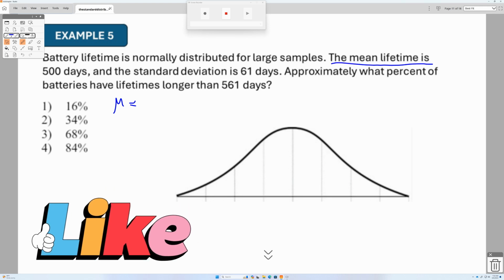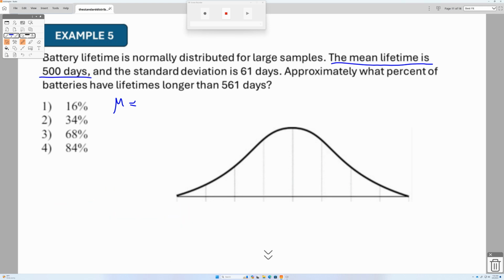A battery's lifetime is normally distributed. The mean is 500 days, and the standard deviation is 61 days.